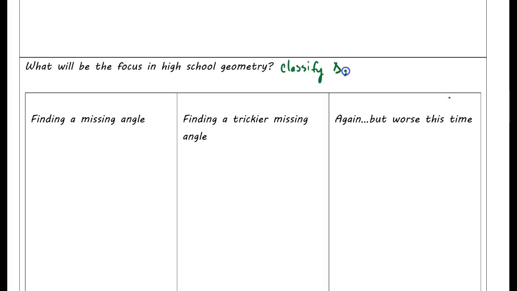But you're also going to be having to find missing parts using algebra. So that would be a couple of things that you could write down there for the main focus in high school geometry.